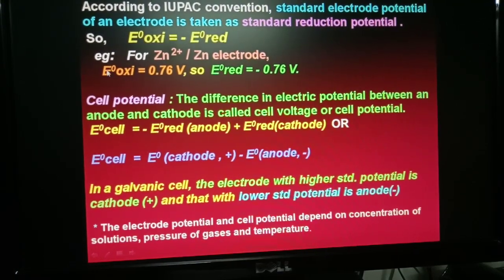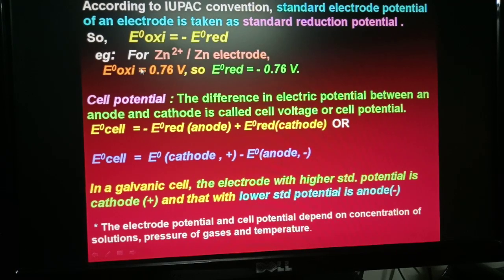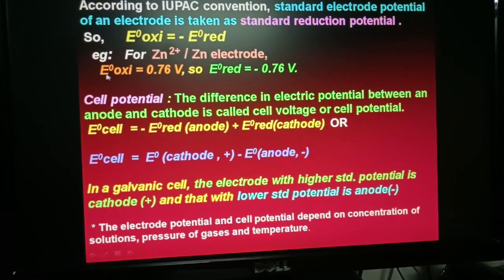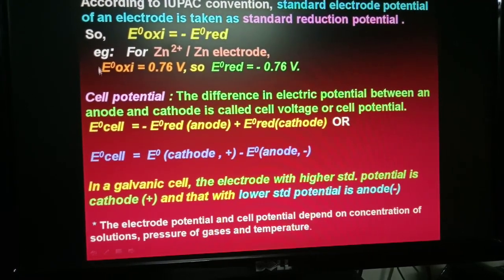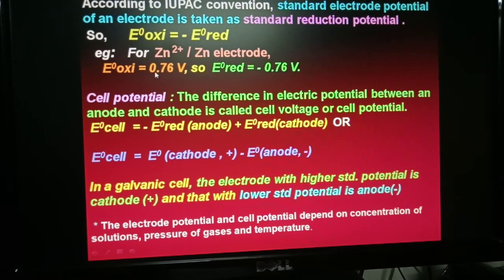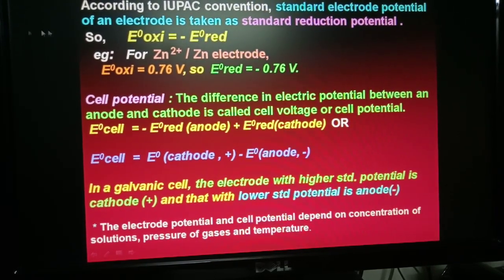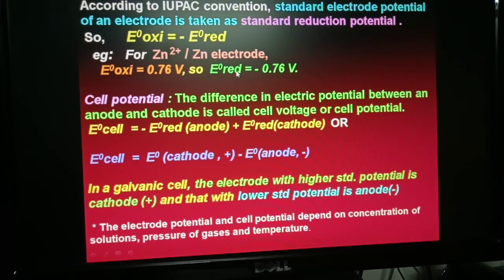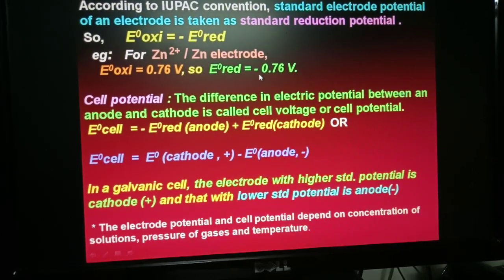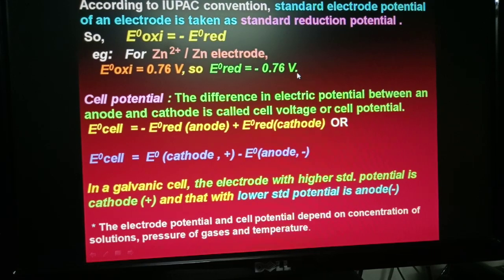The standard oxidation potential, E0 oxy, of zinc is equal to 0.76 volt. Then its standard reduction potential becomes minus 0.76 volt.